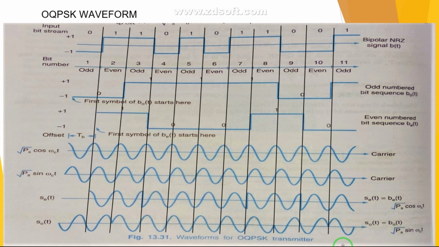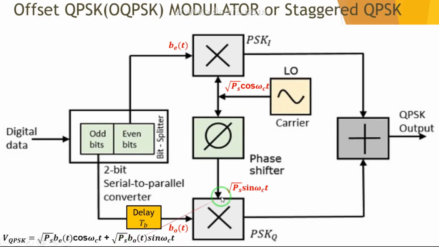This is another BPSK signal. These two signals are added at the adder to generate your QPSK output, and this QPSK output can be represented by this equation. So hope you understood the offset QPSK modulator.